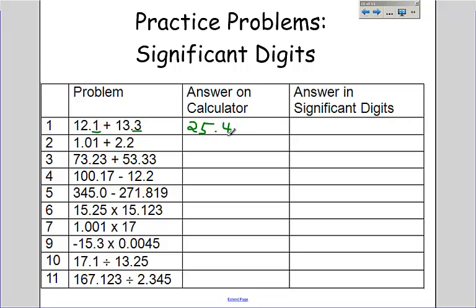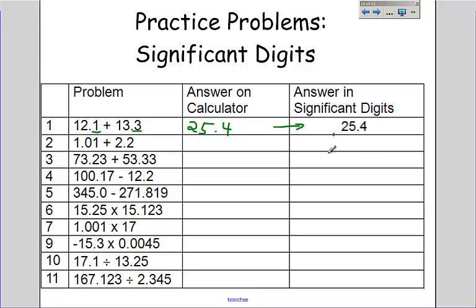And now the second part of using significant digits is rounding to the most significant digits. So we only have one digit after our decimal point anyway, so the answer is going to be the same, 25.4.